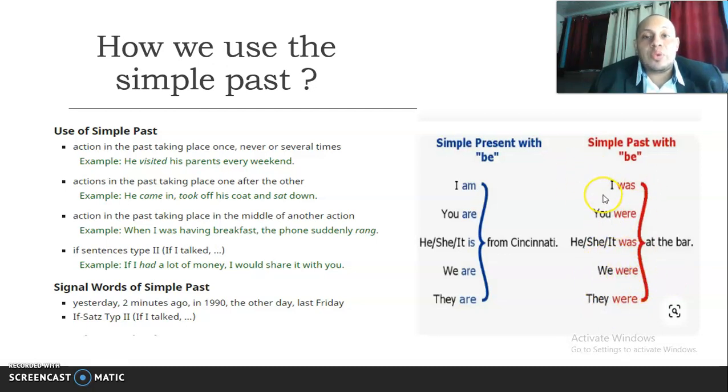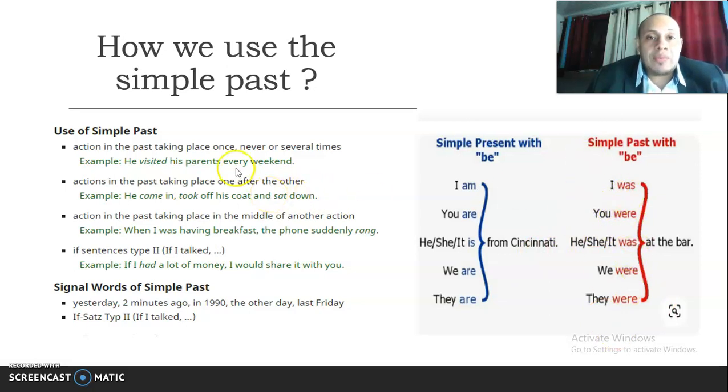So it's something important. Why? Because the verb to be is like the base for learning English, and you need to know how to conjugate the verb to be in past. It's extremely important that you know and pay attention to this.